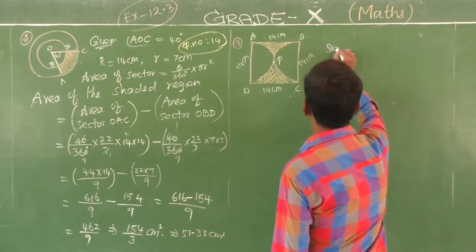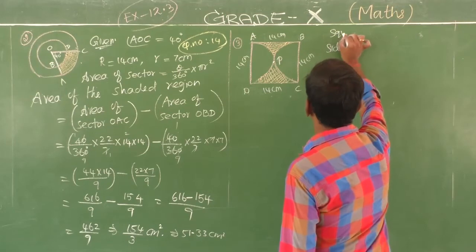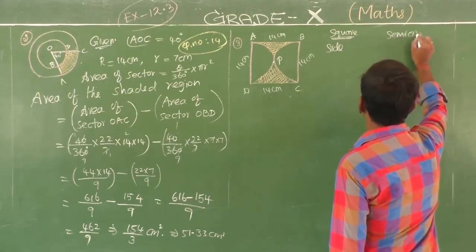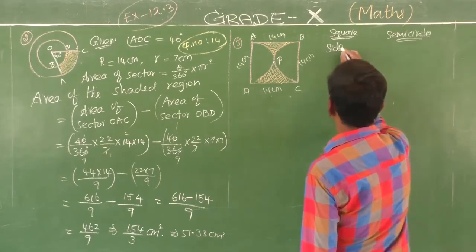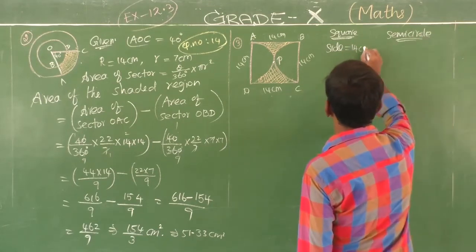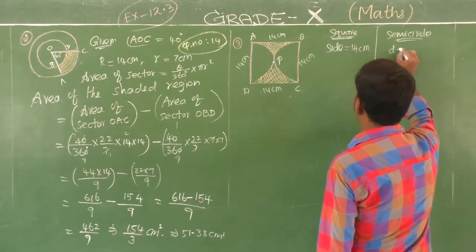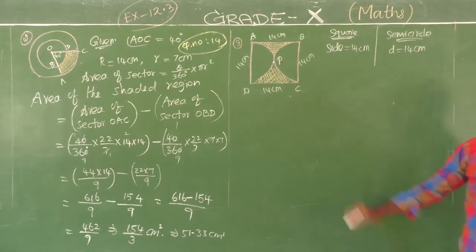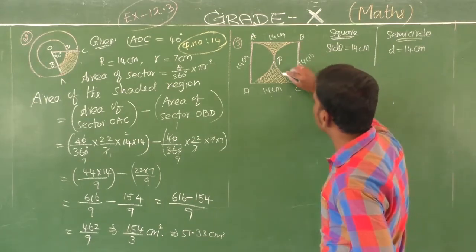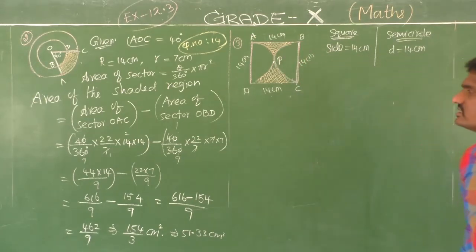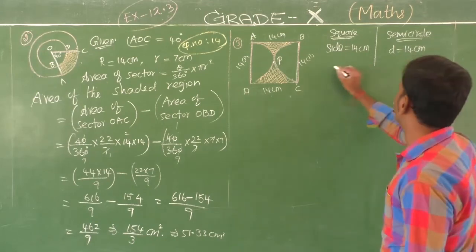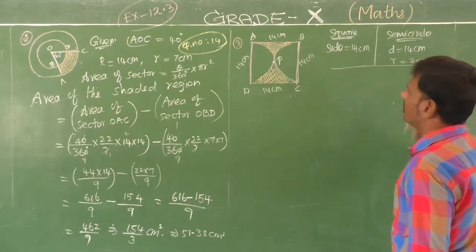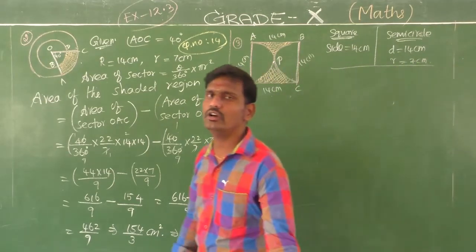So in the square, side equal to 14 centimeter, and the side of the square is going to be the diameter of a semicircle. So diameter equals 14 centimeter, and radius we are going to get 7 centimeter.